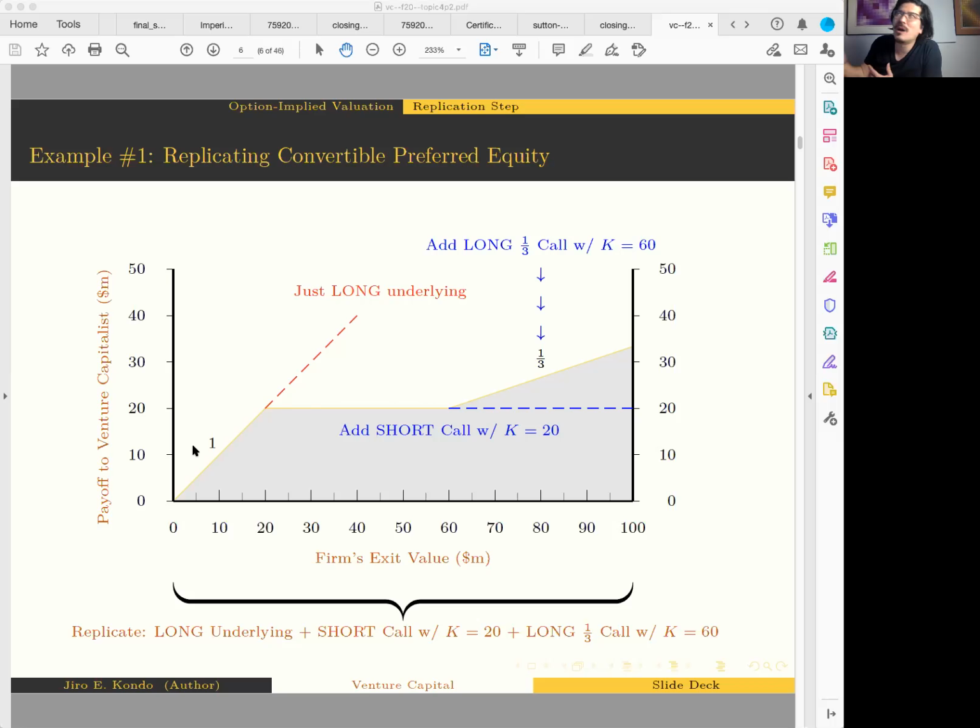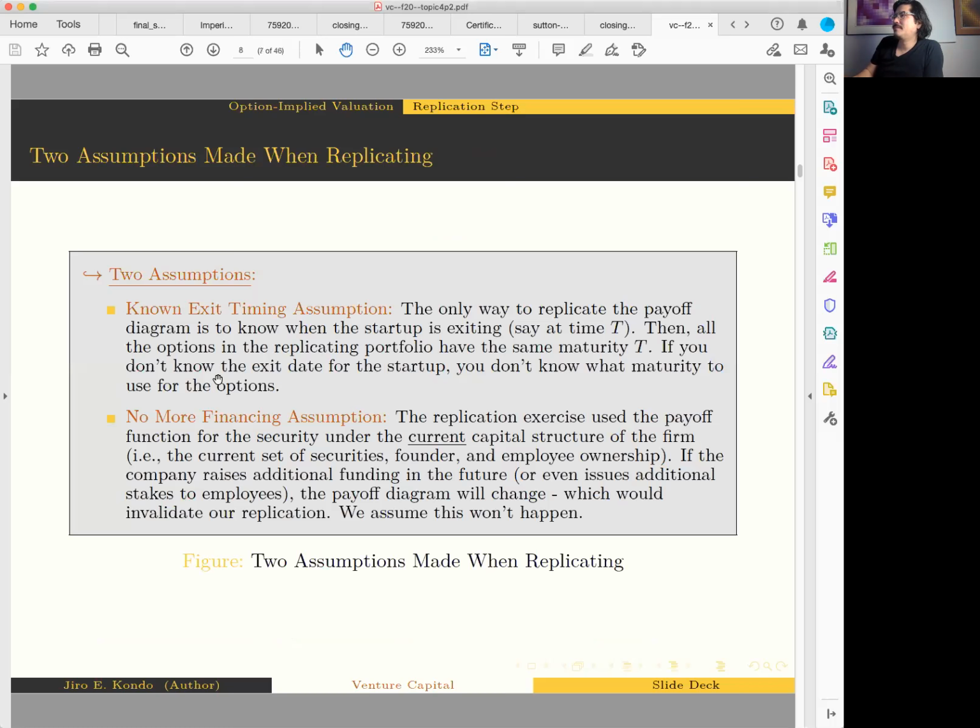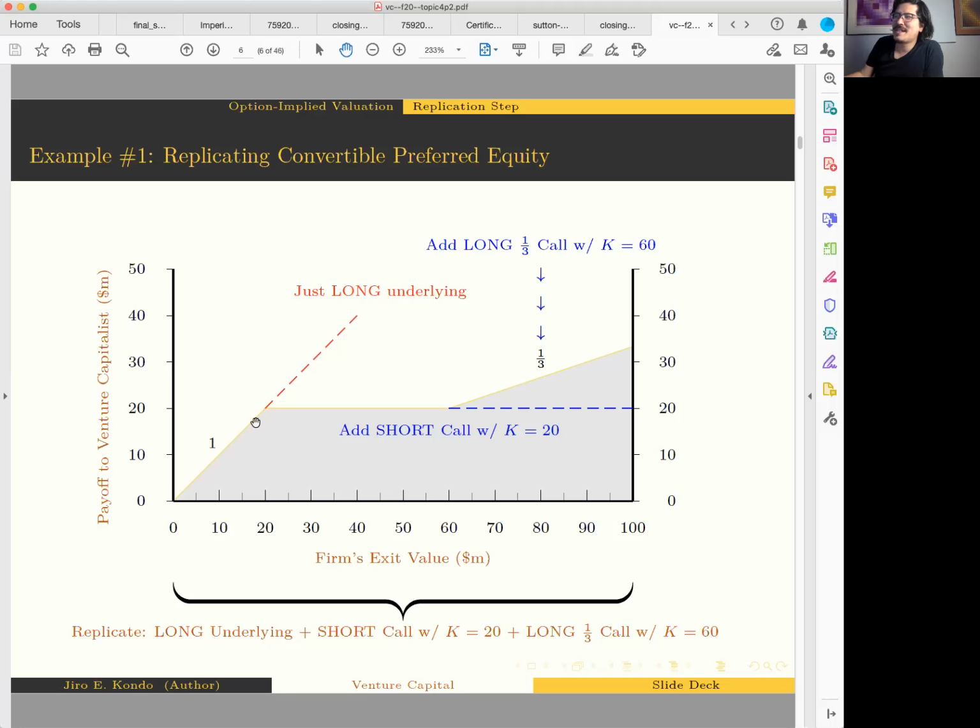When you combine everything together, there are some assumptions that we've made here. We're saying this is the payoff that you're going to get, and that can be replicated by these call options and this underlying. But that's not exactly true, because right now the company has just raised 1 round of funding, correct?